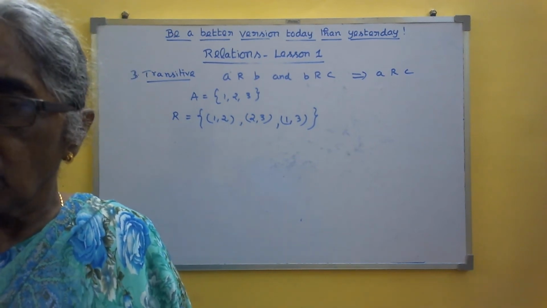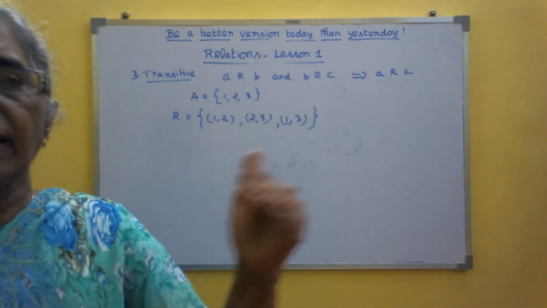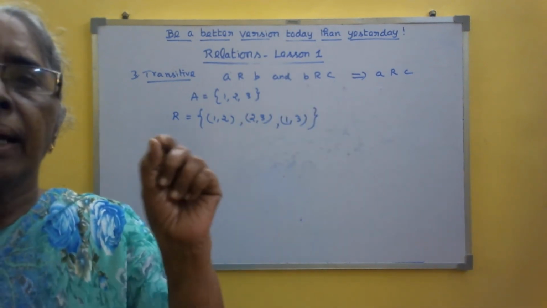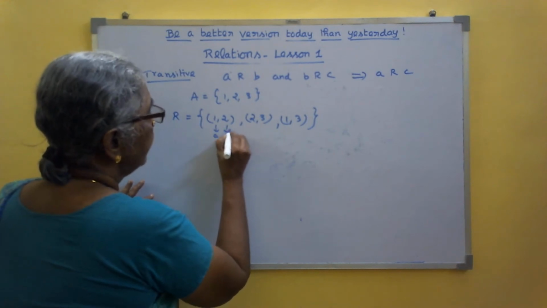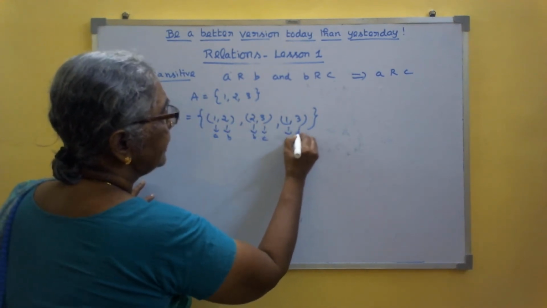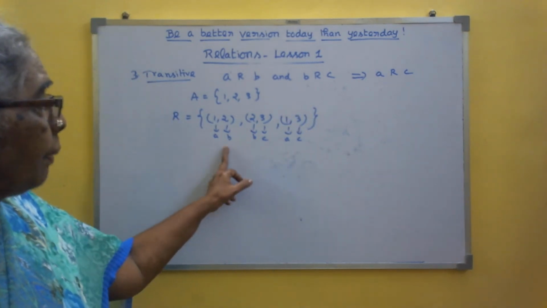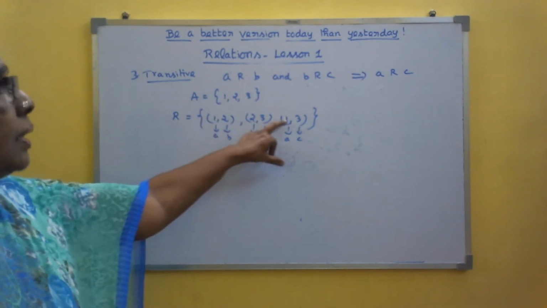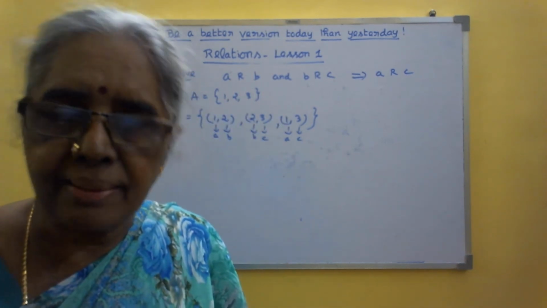Is it clear? So if A related to B and B related to C implies A related to C. Here this one is A, this is B, this is B, this is C, this is A, this is C, right? So now (A, B), (B, C), they are there. So if (1, 3) is there, I can call this relation as transitive.